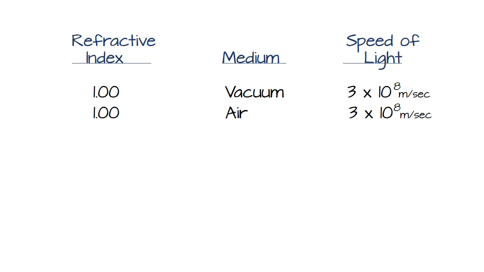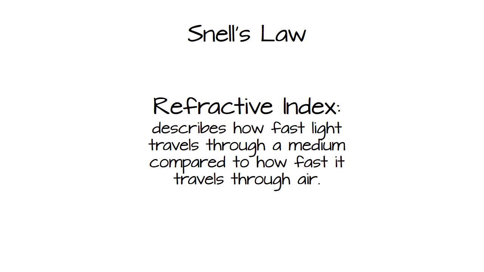All other materials, all other substances, all other mediums is the best word, all other mediums that light can travel through derive their refractive index by how fast light travels through them compared to how fast it travels through a vacuum or air. I'm going to say that again. The refractive index of a medium describes how fast light travels through it compared to how fast it travels through air.